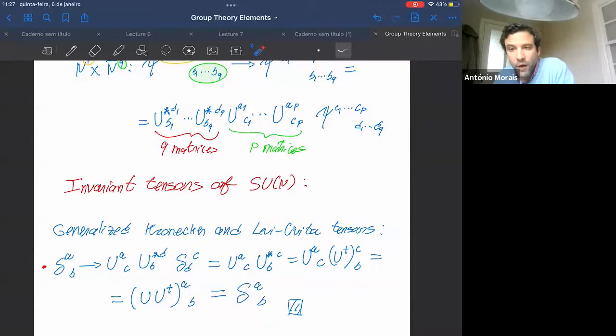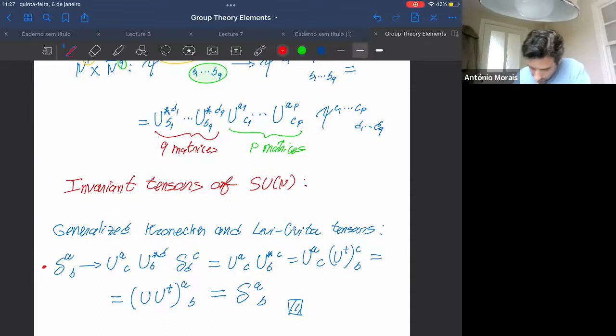If A and B are indices of a certain SUN, you know how delta transforms: A is fundamental, B is anti-fundamental. So delta always relates a fundamental and an anti-fundamental index.